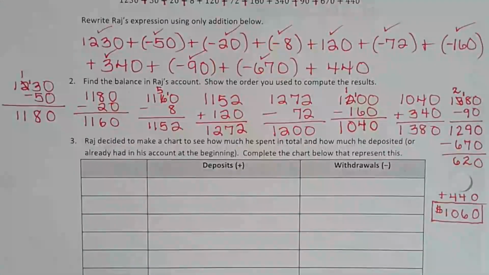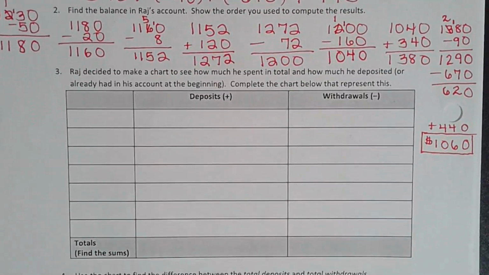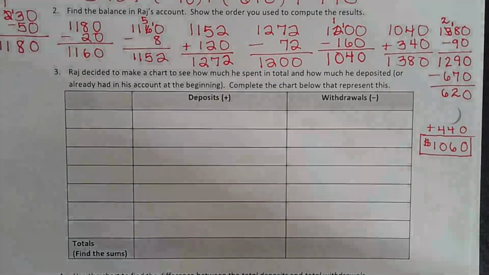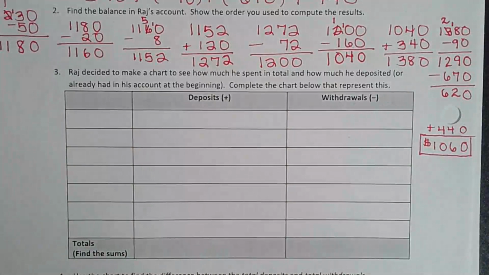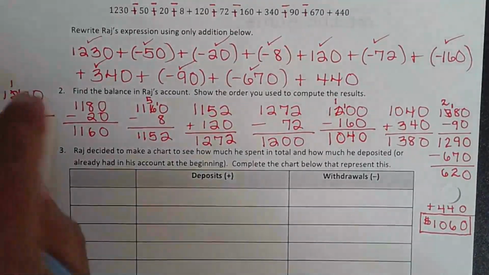Okay, so now let's learn an easier way to do this. Ray decided to make a chart to see how much he spent in total and how much he deposited or already had in his account. Complete the chart below that represents this. Okay, so first we have the deposits and what he had in the account at the beginning.